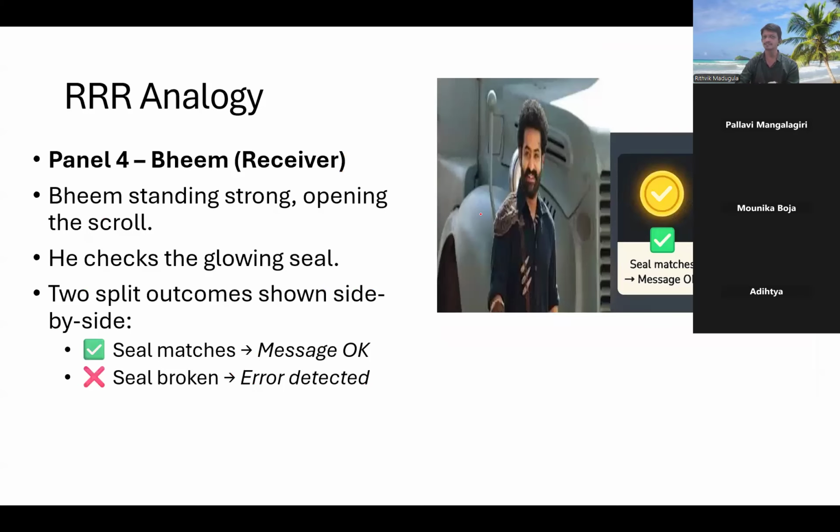Now the receiver Beam needs to check the message. If the message does not consist of any non-zero remainder, then he's going to say the message is okay. If something goes wrong during the decryption, then he can say the seal has been broken.